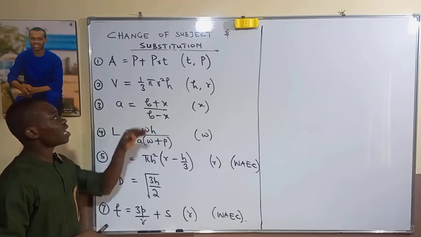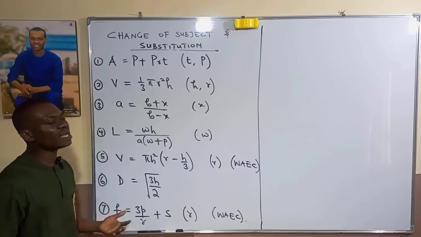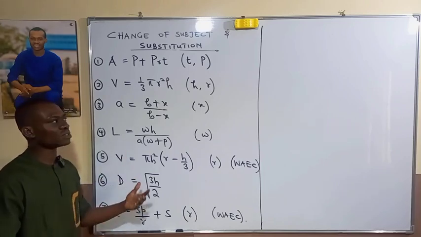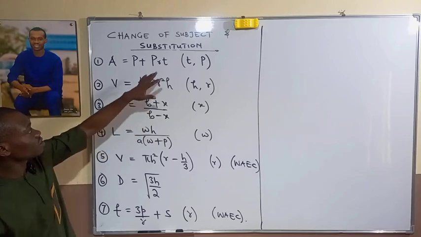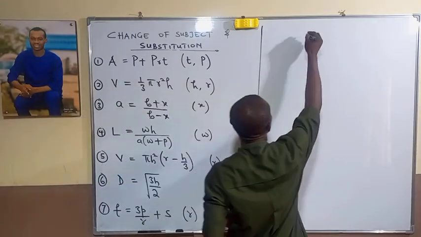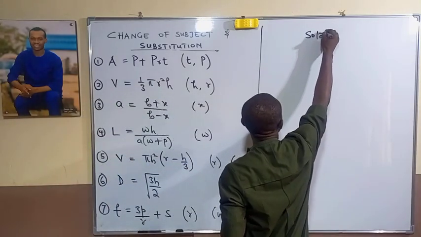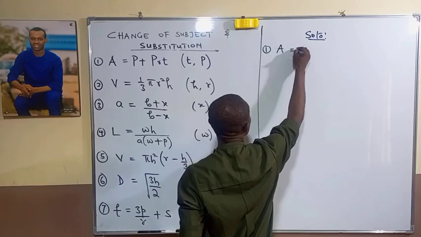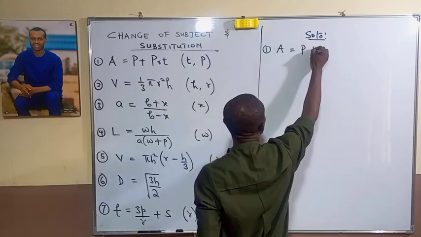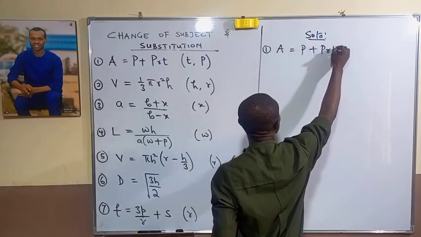That's what we want to do now, and it takes just very simple steps to handle this kind of example. So for instance, we begin with the first one. Solution: we are given that A is equal to P plus PRT.